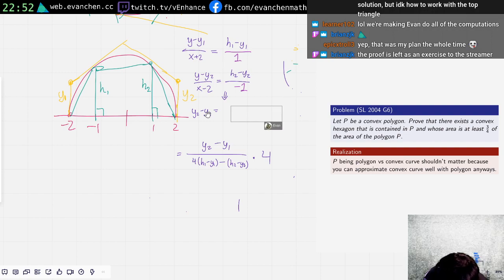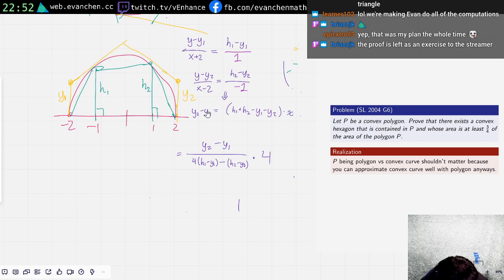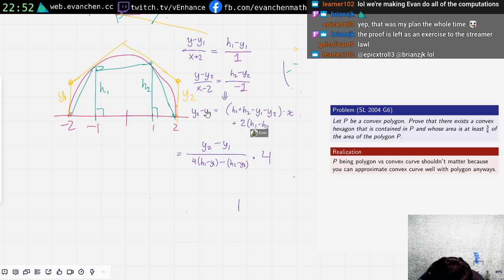Okay, so subtract. h1 plus h2 minus y1 minus y2. This is times x, but then there's a plus 2. Oh, this is horrendous. Okay, do the y's at least?